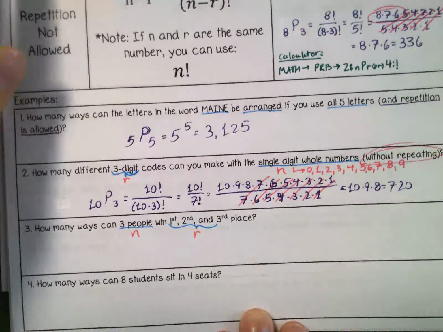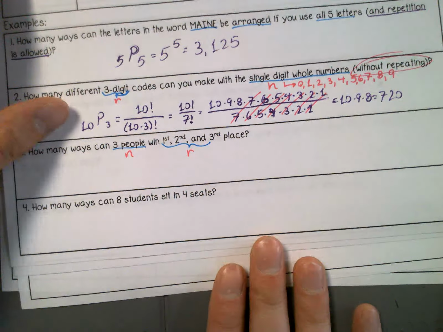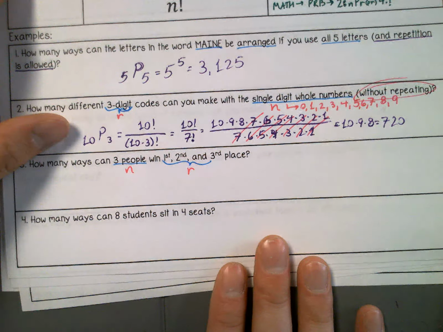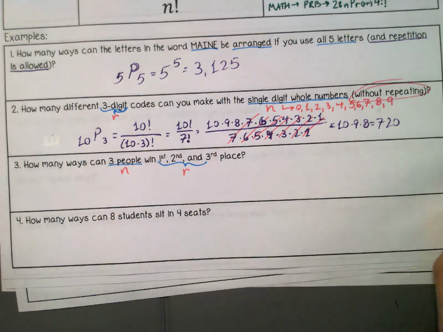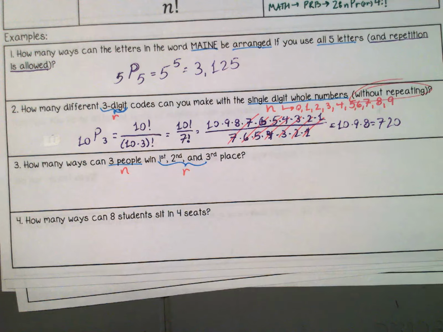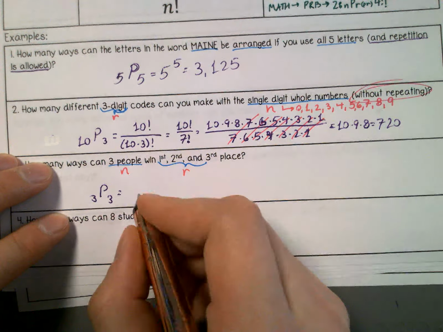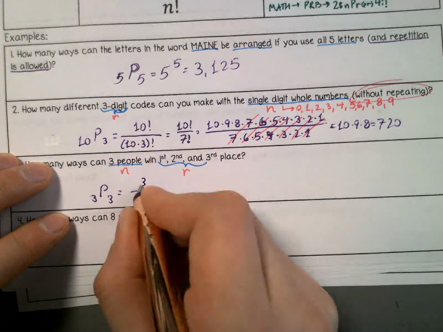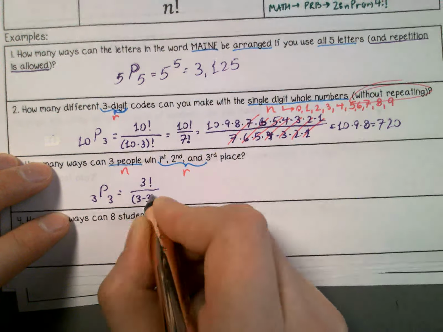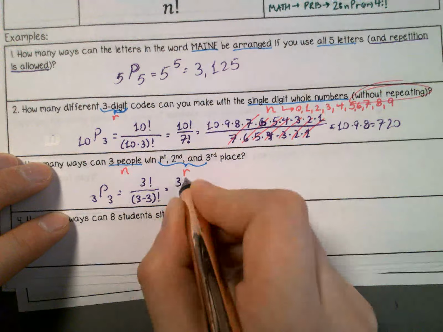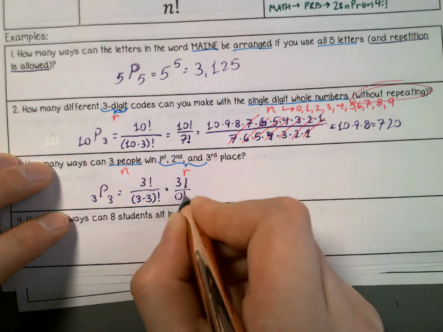N factorial. Now, that is a great shortcut, but why do we have that shortcut? I'm going to show you. Let's just plug in the equation and see what happens. We have 3 permutated over 3. So we're going to have 3 factorial over 3 minus 3 factorial. That gives us 3 factorial over 0 factorial.